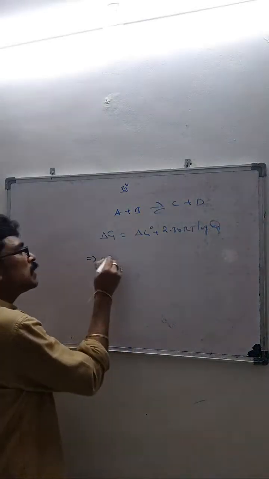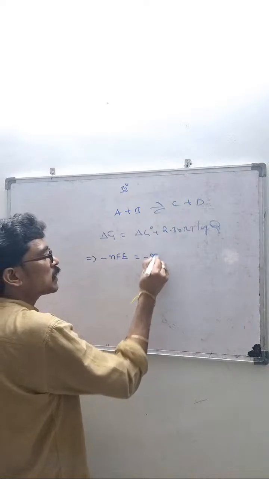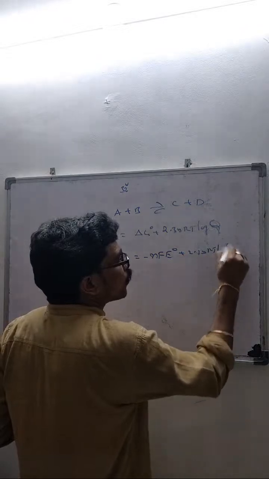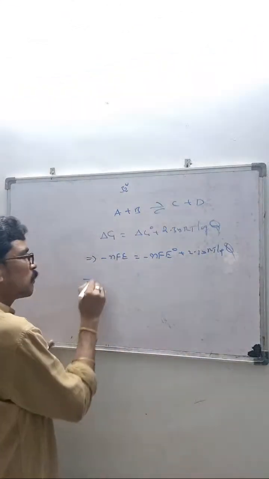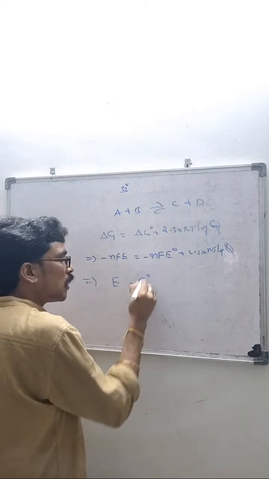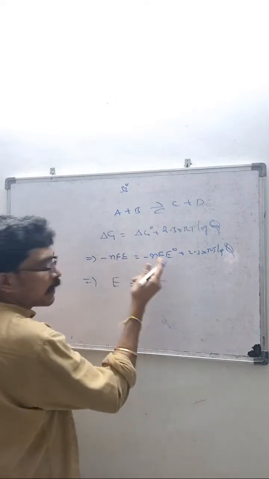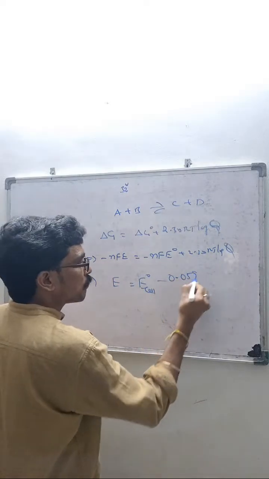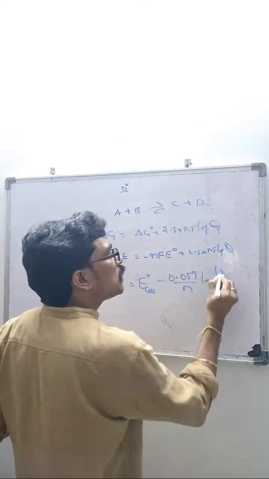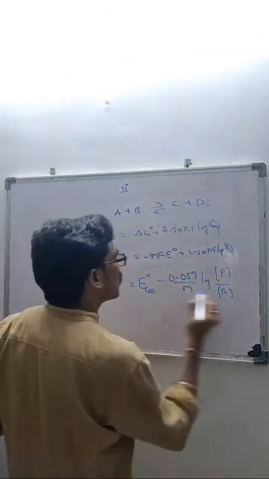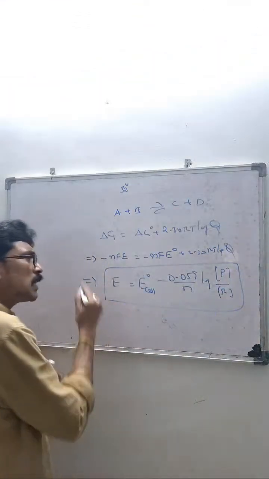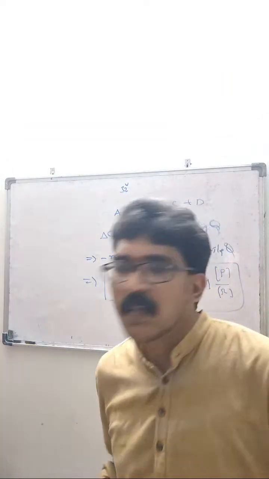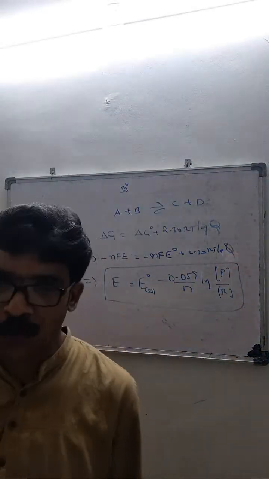This formula is minus nFE, so minus nFE equals minus nFE naught plus 2.303 RT log Q. Converting, E is equal to E naught of the cell minus 2.303 RT by nF, which simplifies to 0.059 by n into log Q. Q means concentration of product by concentration of reactant in the reaction, whatever the reaction is, such as the Cu plus 2 reaction.